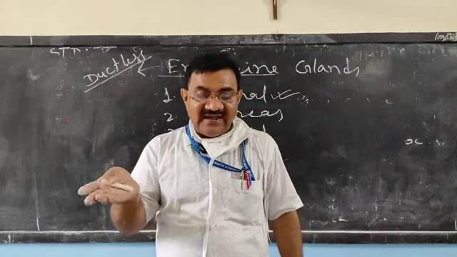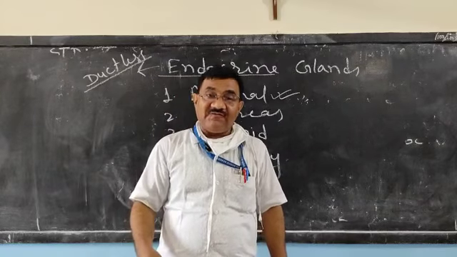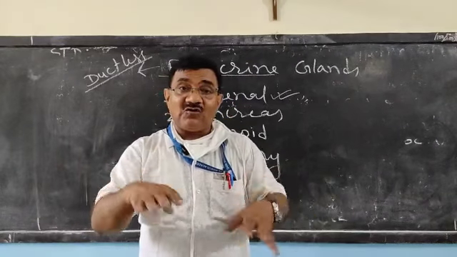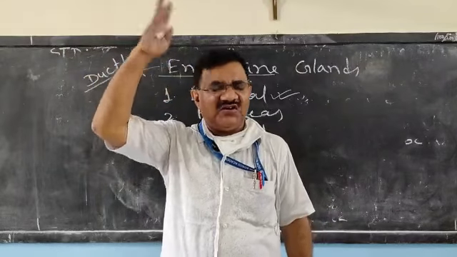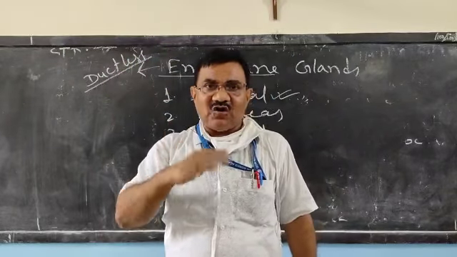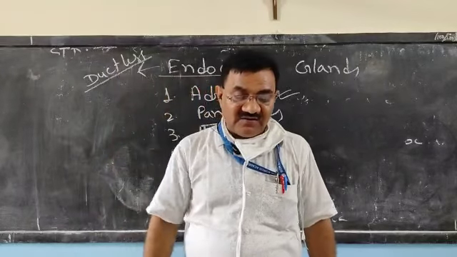The anterior pituitary secretes growth hormone. If more growth hormone is secreted in childhood, gigantism develops, very tall. If less is secreted, dwarfism comes.